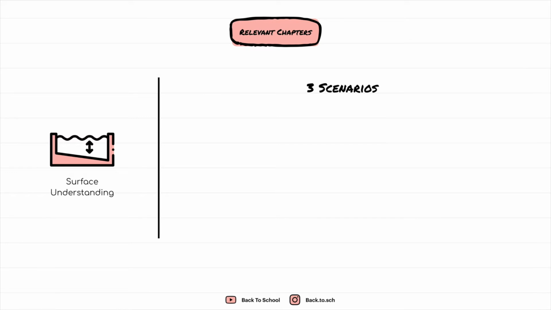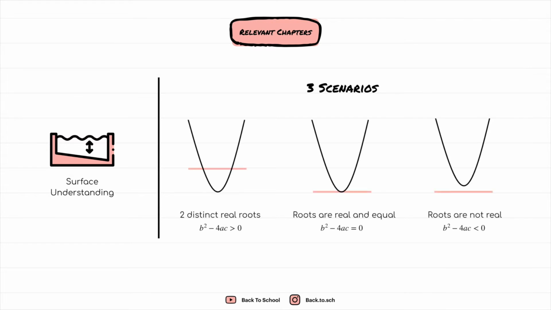So, if you have already learned of this chapter in school, the 3 scenarios here should ring a bell. If not, it's alright. If the 3 scenarios seem a bit foreign to you, there's no need to worry about it, as after establishing the links to the lower secondary concepts, I'll be teaching and elaborating on these 3 scenarios.